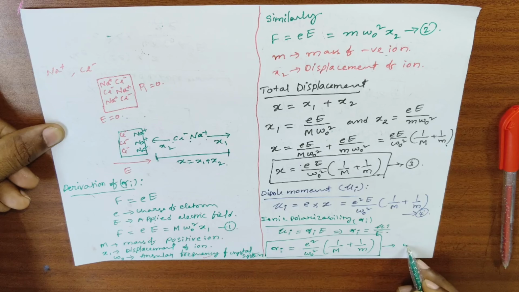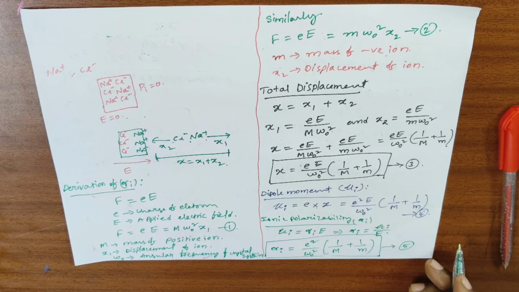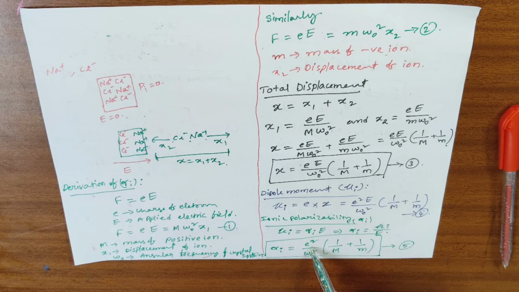This is equation number 5, the ionic polarizability value. Here e is the charge of the ion, omega naught is the angular frequency of the crystal system, capital M is the mass of the positive ion, and small m is the mass of the negative ion.